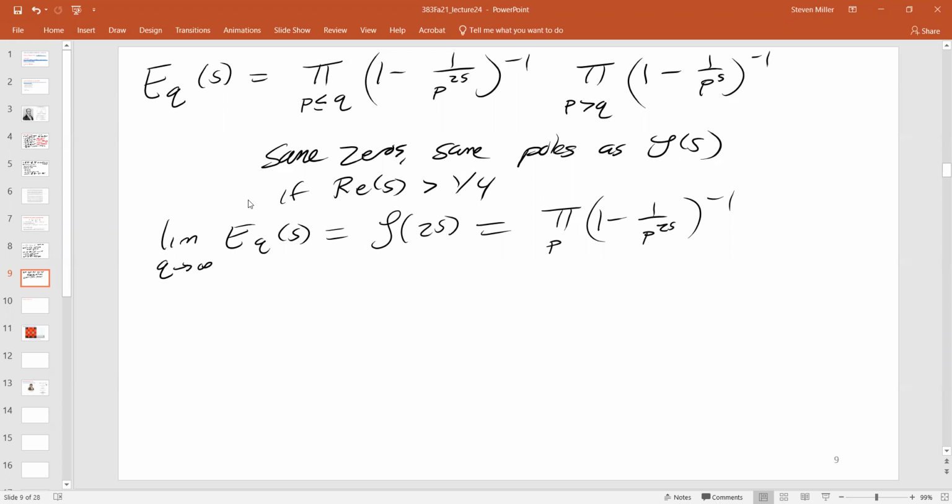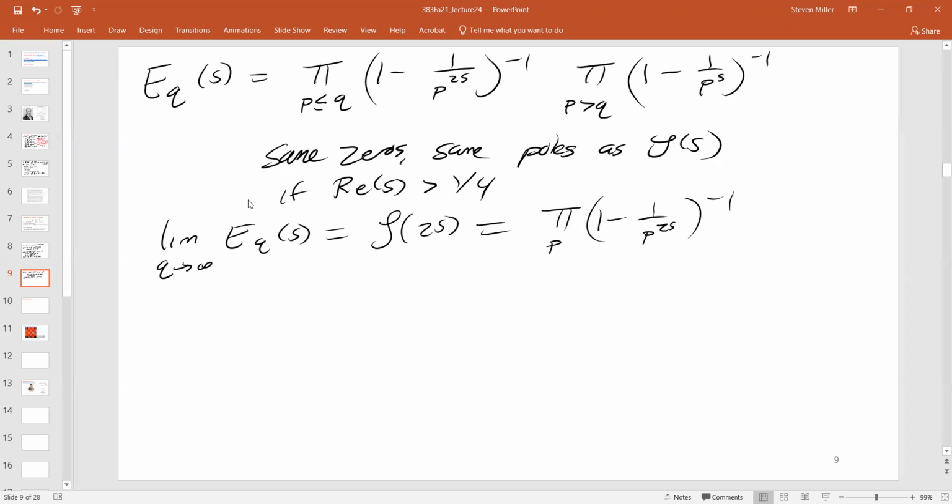There's no second factor. So it just converges to zeta of 2S. Does everyone agree with this? I'm just doing it prime by prime by prime. And so when I'm done, I have this function, and everything is nice and well behaved.